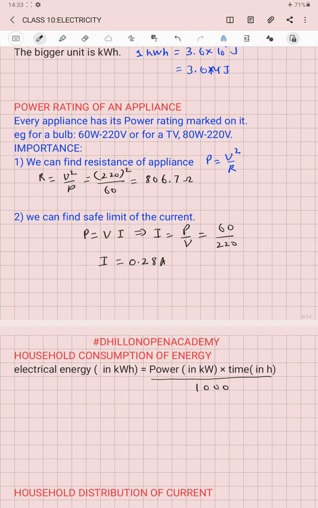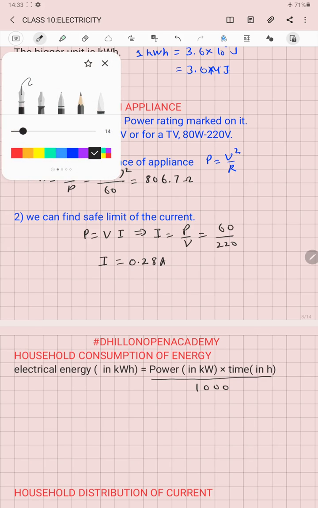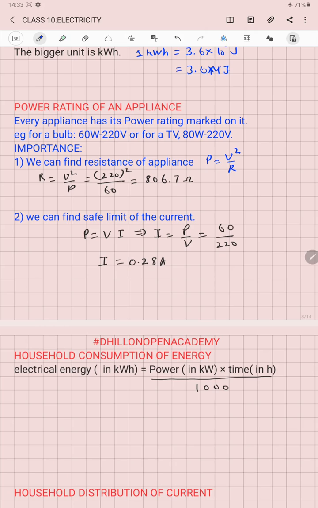For example, we are given a heater. Suppose the resistance of the heater is equal to 50 ohm, and it is operating on a voltage of 200 volt, and each day it is operating for a time of 4 hours.